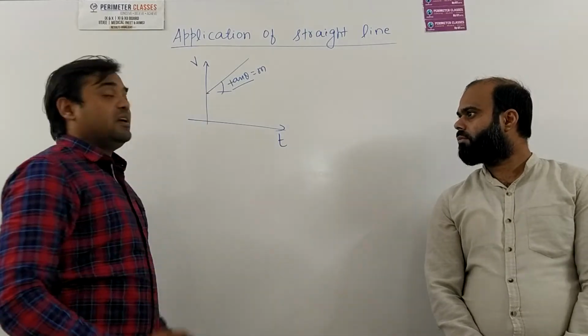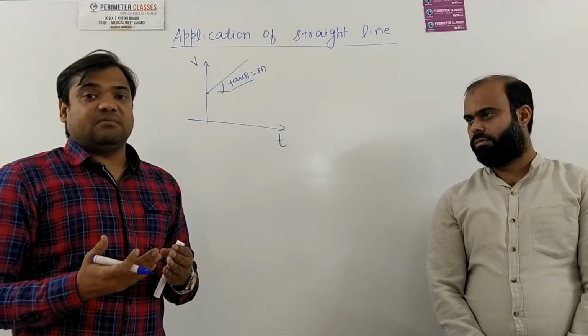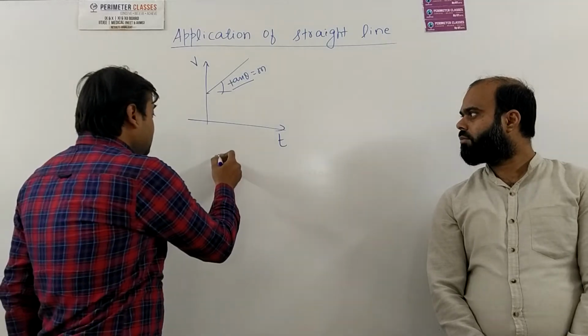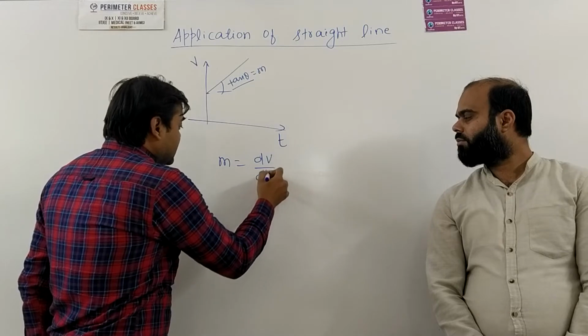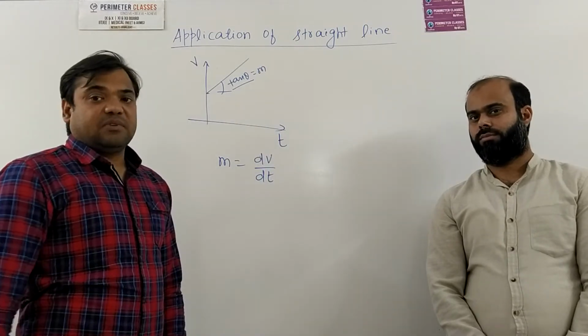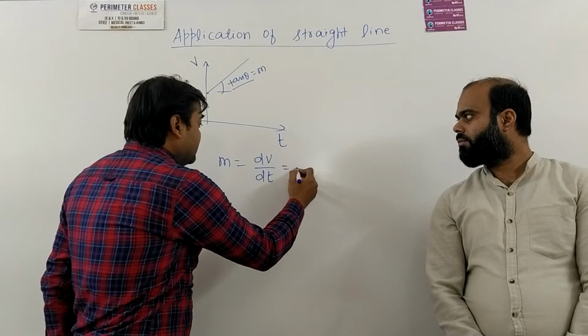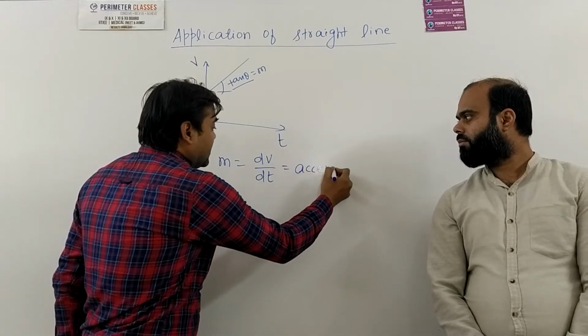The slope m is equal to the change in velocity over the change in time, that is dv by dt, and this gives us the acceleration of a particle.